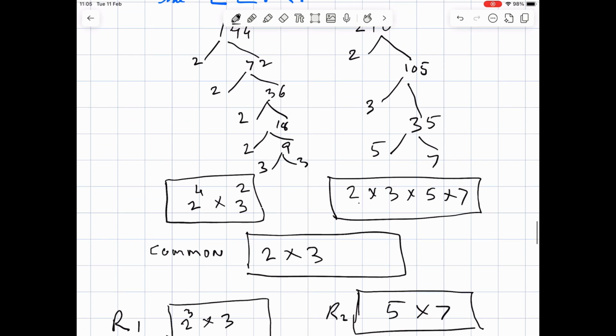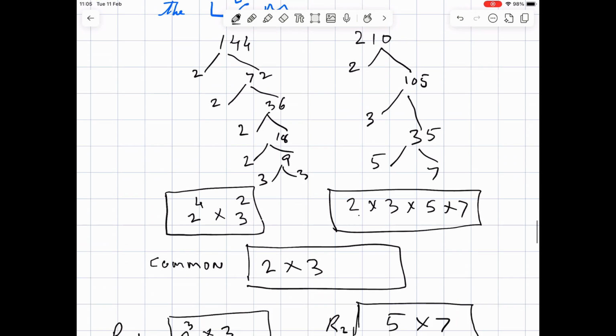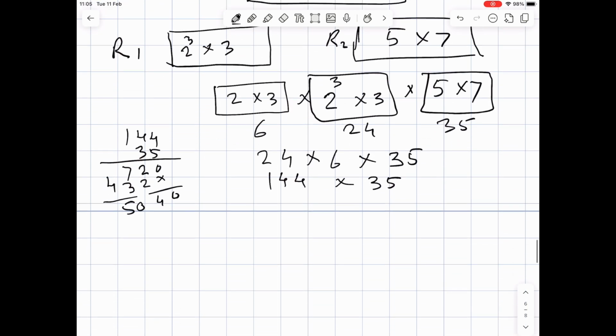So the LCM for these two numbers is 5040.